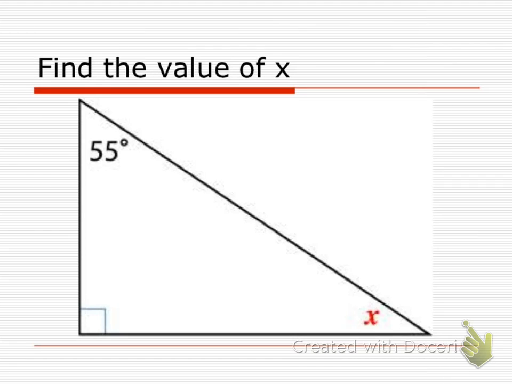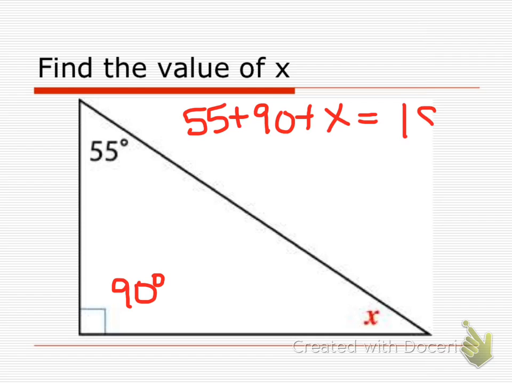Let's find x given the information. So the first angle we see is 55 degrees. The box is a 90-degree angle, so this represents 90 degrees. So we know that being a triangle, 55 plus 90 plus x equals 180. You can combine the like terms to make things simpler.